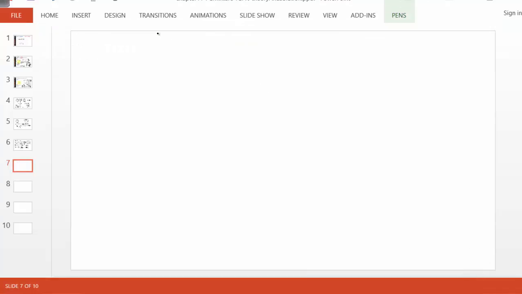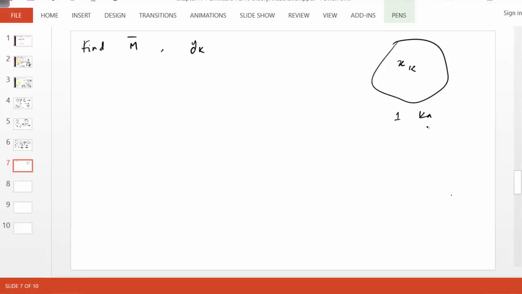Okay, now suppose we have a mixture where the mass fractions are known, and we are to find the molar mass of the mixture and the mole fraction of each component. So we'll start with 1 kg of mixture, and it will have xk kg of component k.